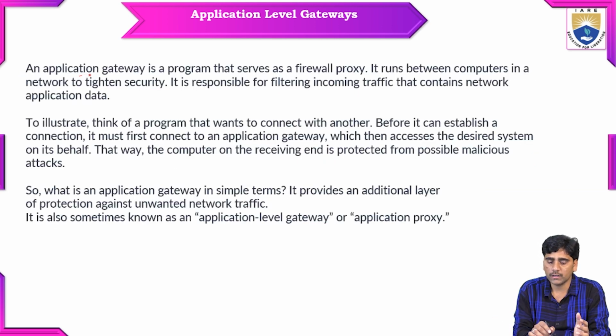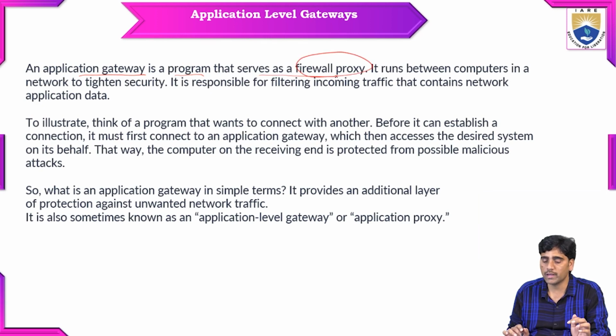An application level gateway is sometimes described as a program that serves as a firewall proxy. It runs between computers in a network to tighten security and give more strength of security to the systems.